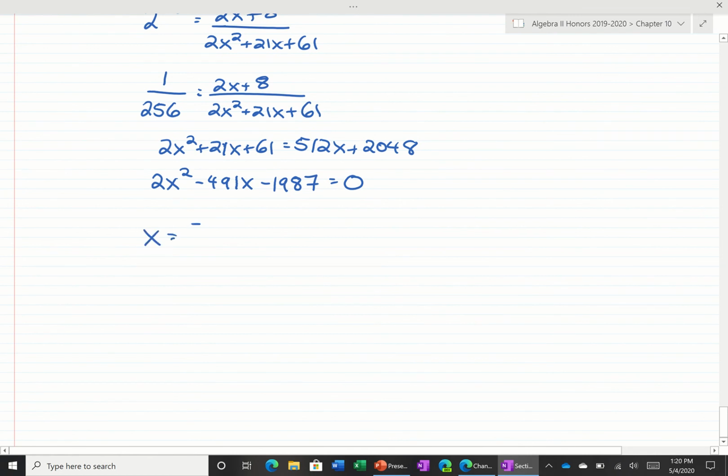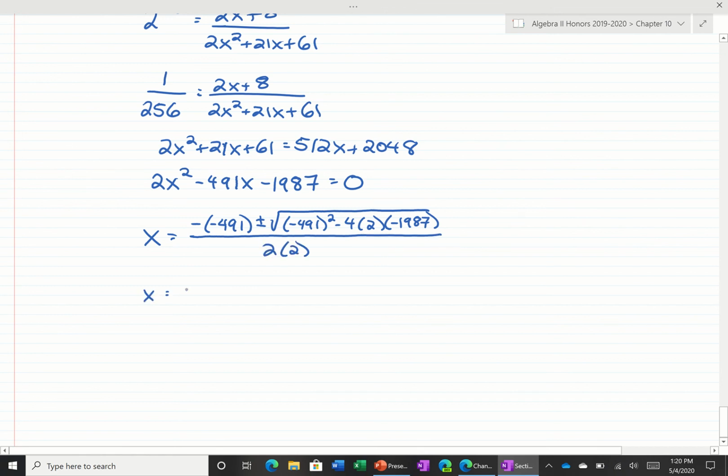x would equal the opposite of b plus or minus the square root of b squared minus 4ac, all divided by 2a. Let's see what that square root is.